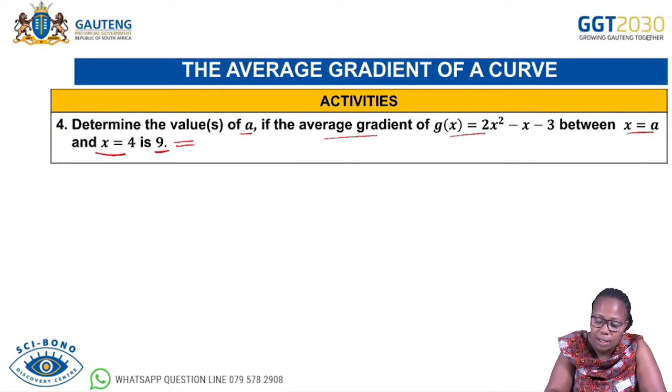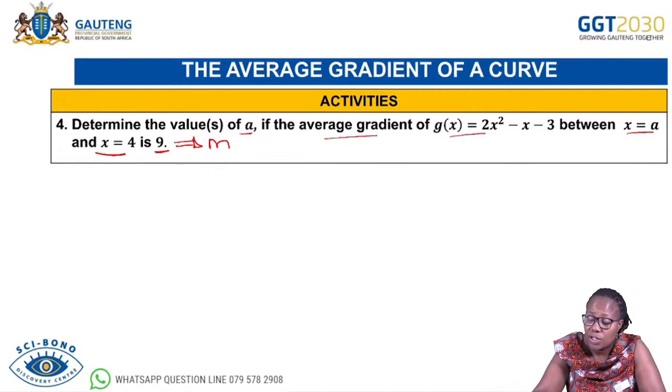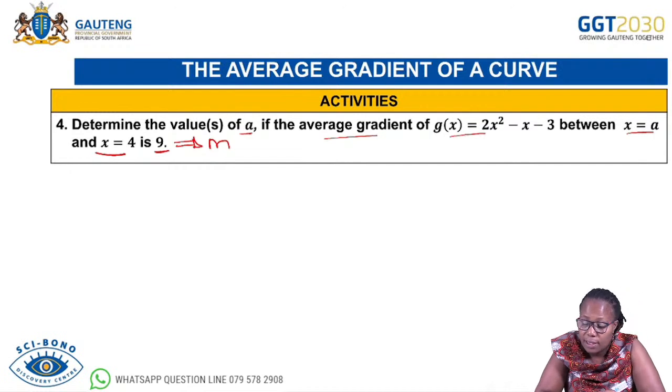Equal to 9. That means the average gradient of this function is equal to 9. There we go, grade 12.